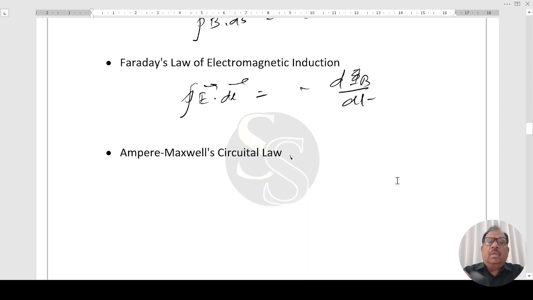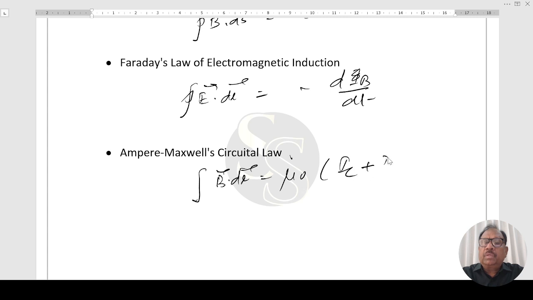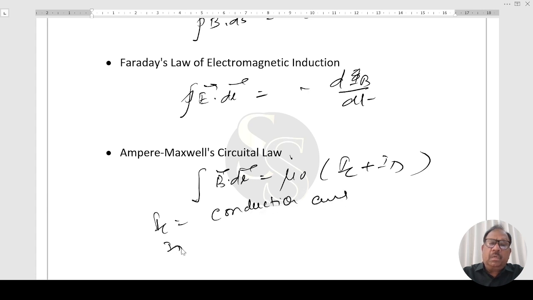Next, modified Ampere circuital law, that is, the closed integral of B dot dl equals mu naught times (I_C plus I_D). I_C is the conduction current and I_D is the displacement current.